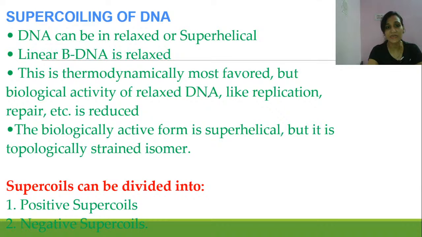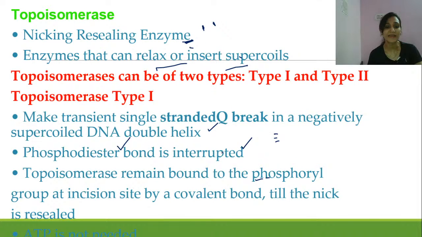Topoisomerase will remain bound to the phosphoryl group at the incision site by covalent bond. And till when will it be attached to that phosphoryl group? Till the nick is released. And it is a non-energy dependent reaction. It is a passive reaction. Then there are two classes of topoisomerase type 1, type 1A and type 1B. What is the difference between type 1A and type 1B?